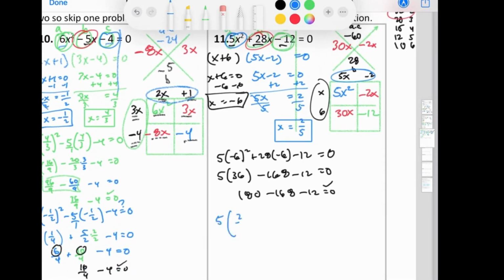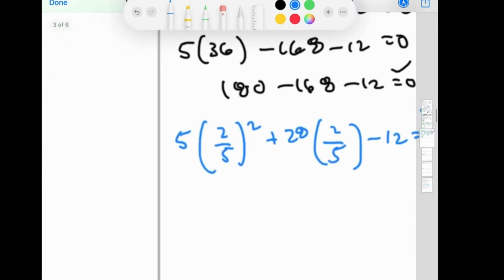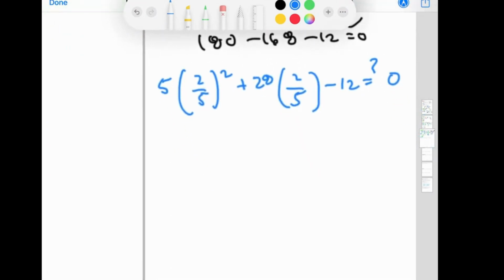5 times 2/5 squared plus 28 times 2 over 5 minus 12. Does that equal 0? So exponents first. We are simplifying here, so I'm just using PEMDAS, which means parentheses and exponents. So 2/5 times 2/5 is 4 over 25. And this one is going to be multiply across, so 56 over 5.